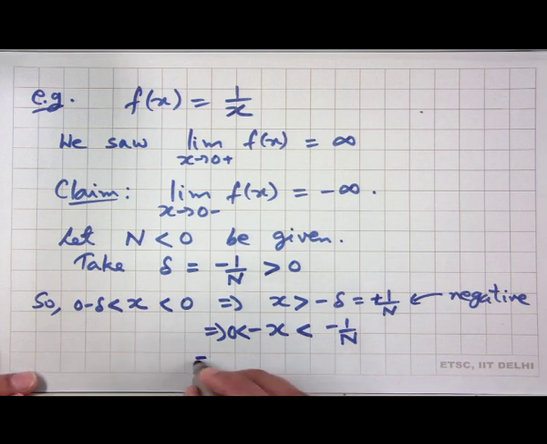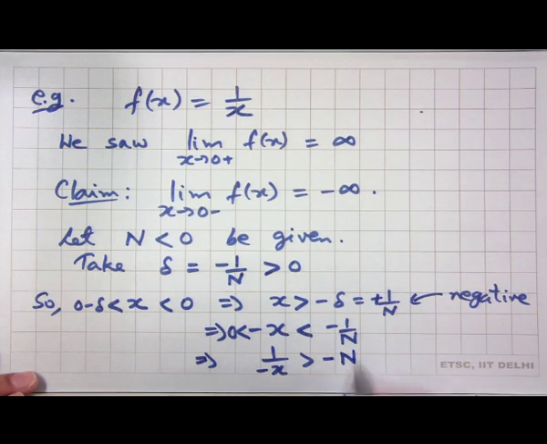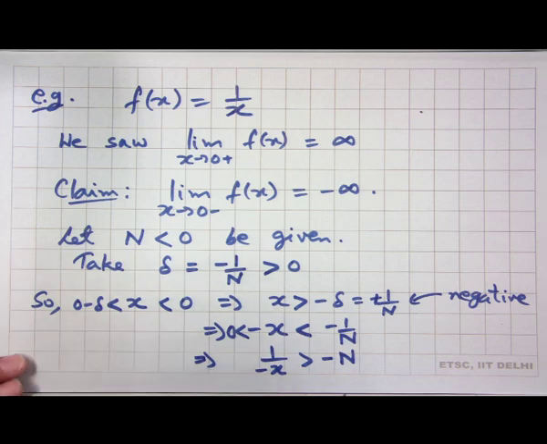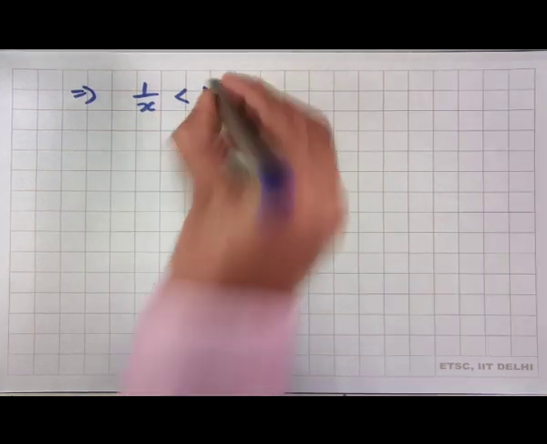So, this implies that 1 by minus x should be greater than minus n, which implies that 1 by x should be less than n.